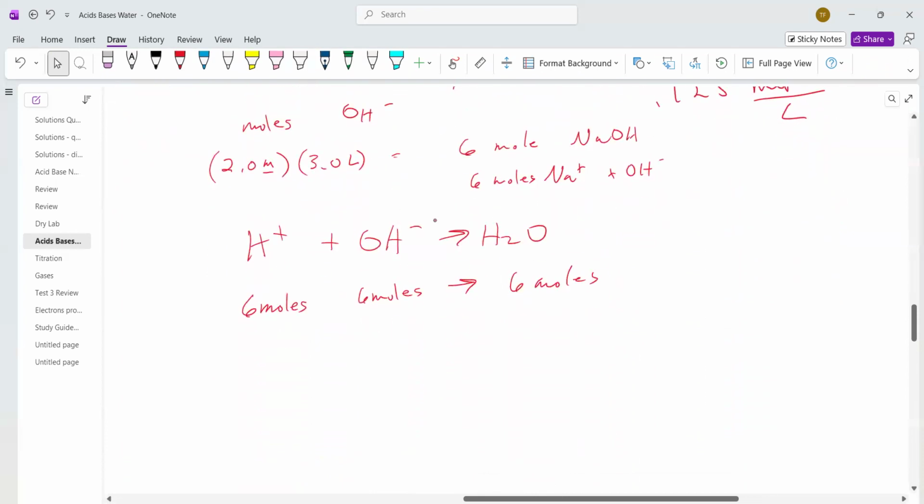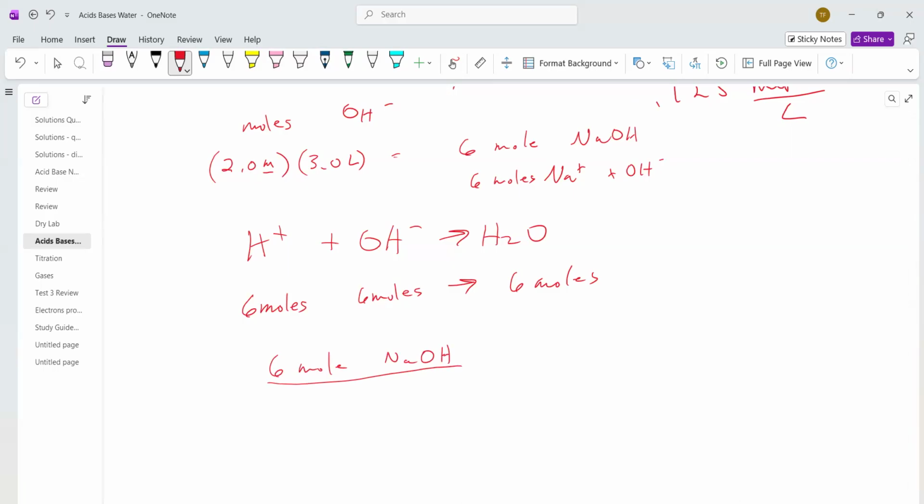So we're starting with, let's just use the sodium hydroxide. What's that equal?